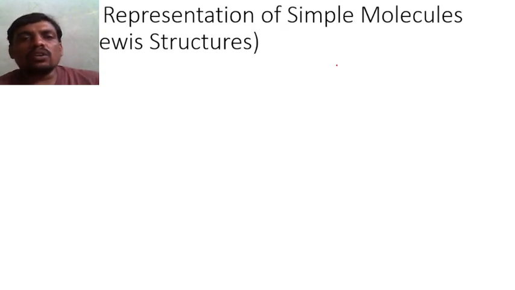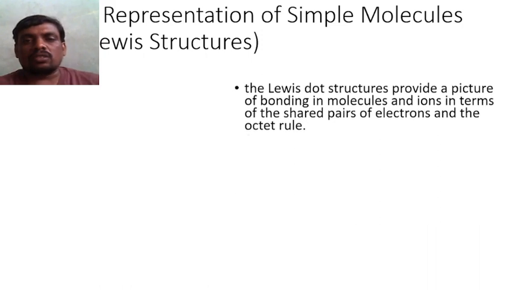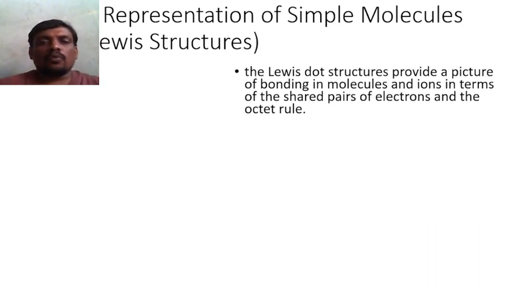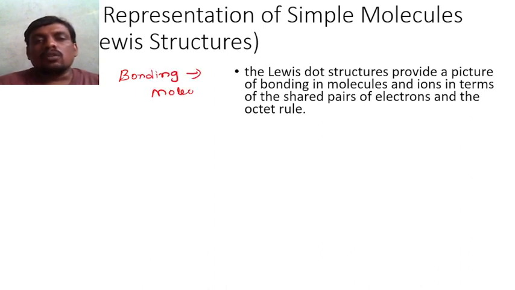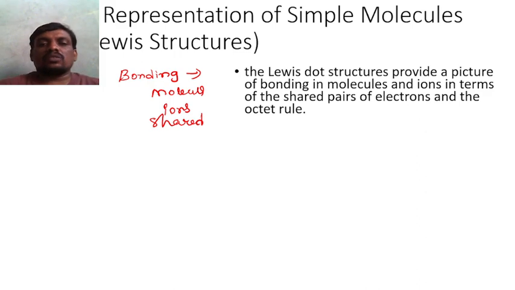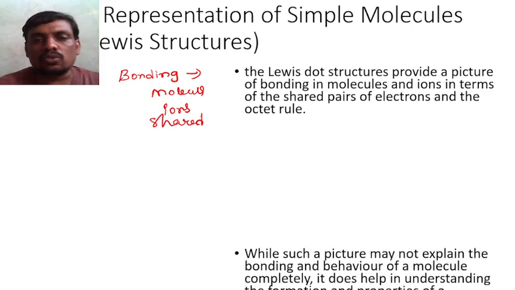Now one more thing I want to say: Lewis representation of simple molecules, the Lewis structure. The Lewis dot structure provides a picture of bonding. What is that picture of bonding? The bonding formation in molecules and ions in terms of shared electrons or pairs of electrons, in the case of the octet rule.